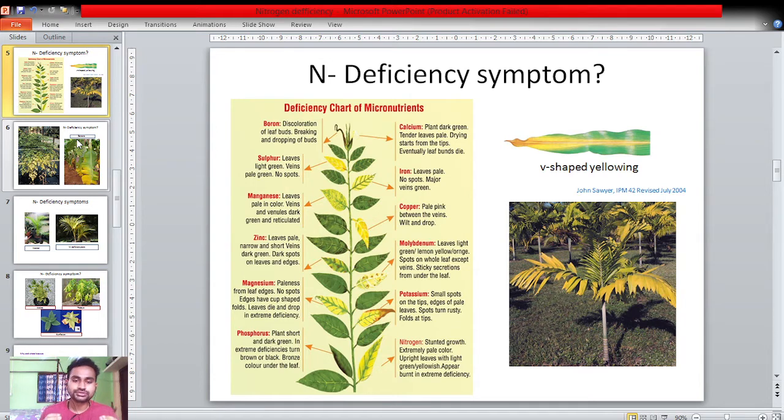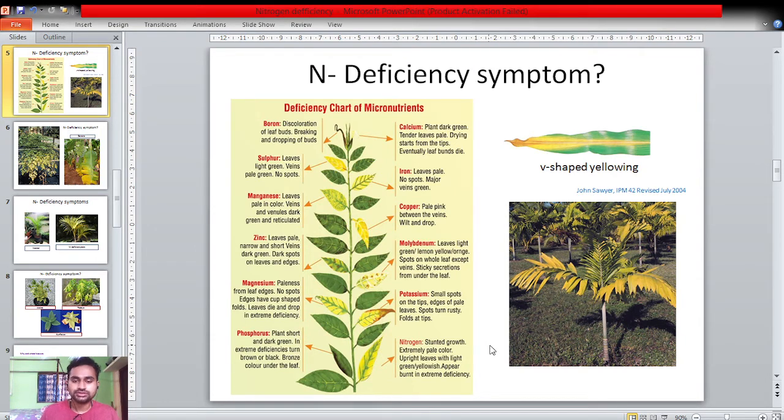They come in a certain part, like the lower part, middle part, or upper part of the plant. In the case of nitrogen, if you concentrate on the lower part of the plant, that means the lower leaves, these lower leaves show more expression of deficiency.